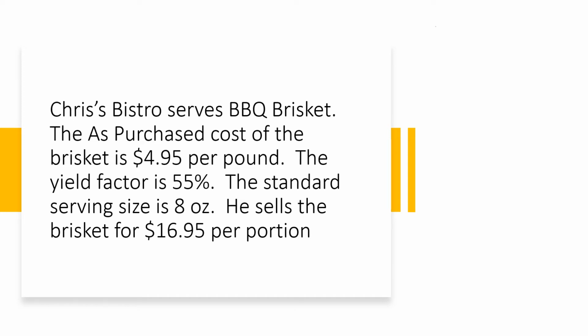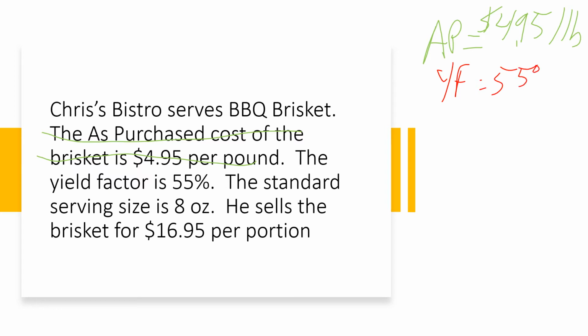So over there in the margin, just write AP equals $4.95 per pound. And then I cross that off. Boom. I got that sentence taken care of. What's my yield factor? Yield factor equals 55%. Good. I've got that down.